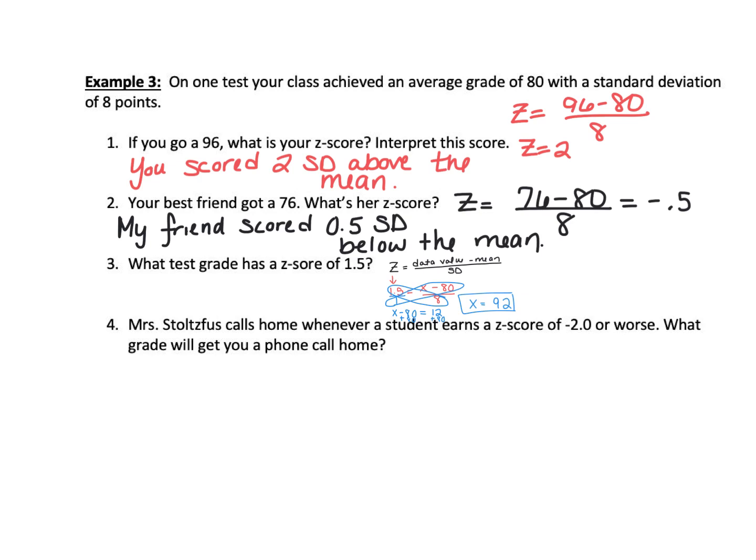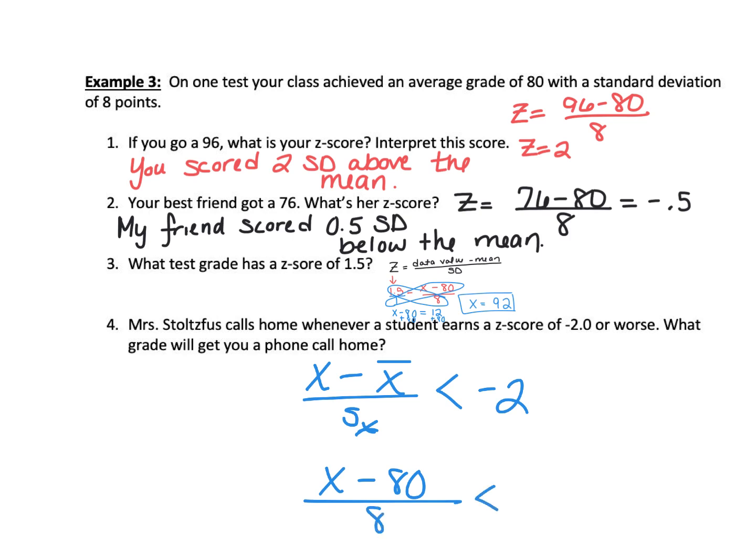So I'm going to use my Z-score formula. So I'm going to do the x observed data value minus the mean divided by the standard deviation. And if this is less than negative 2, your teacher's going to call. So we don't know x, but we do know the mean. That was 80. And the standard deviation was 8.